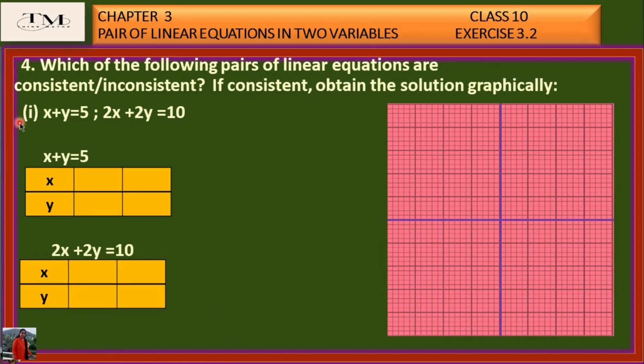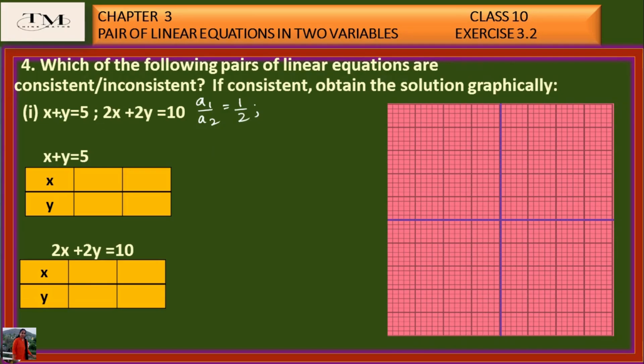First problem: x plus y equal to 5, 2x plus 2y equal to 10. As usual, we have to compare the ratios and check whether they are equal or unequal. So for this problem, a1 is equal to 1 and a2 is equal to 2, so a1 by a2 is equal to 1 by 2.